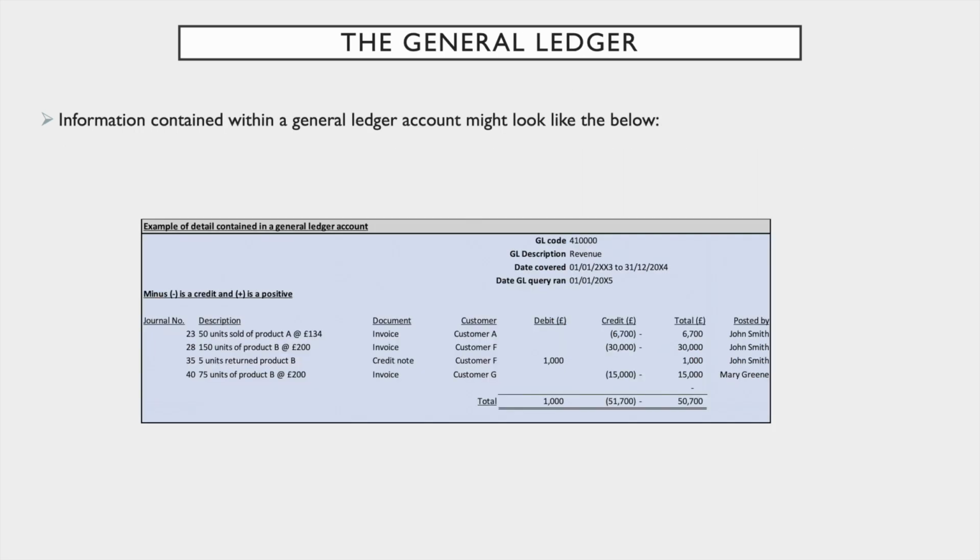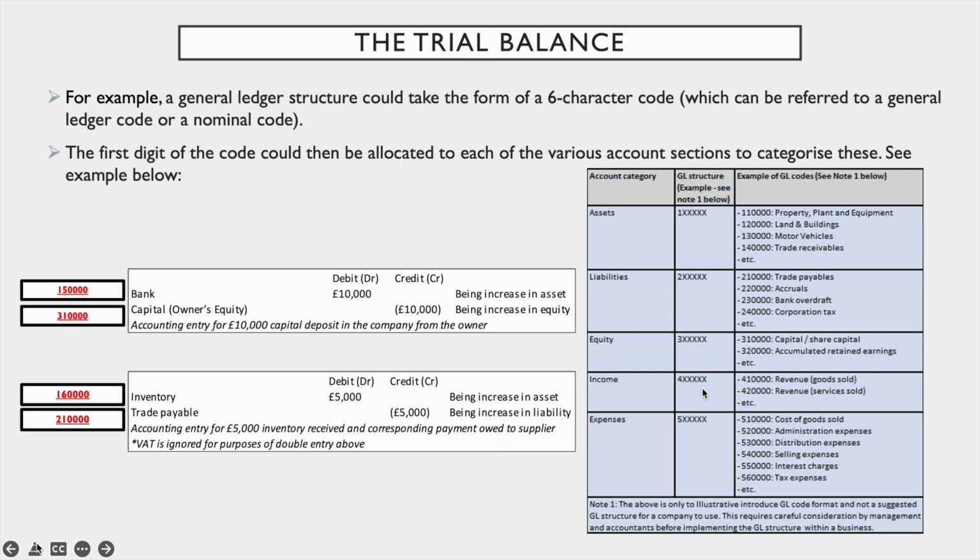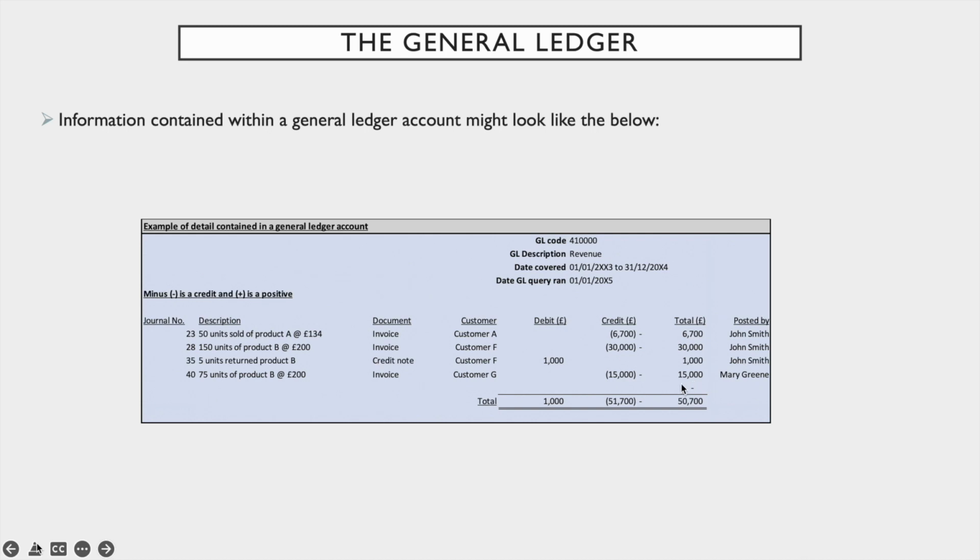So in this next slide here, this is the example of a general ledger account. The general ledger account would be revenue, 41 followed by 4 zeros. In terms of what we'd see in the trial balance, the closing amount is this 50,700. That is the net impact of all the journal entries impacting this GL code.